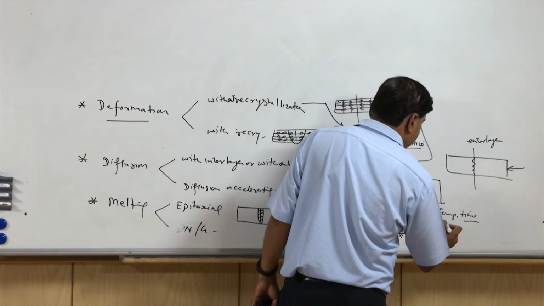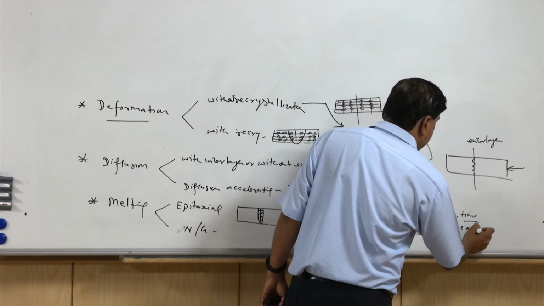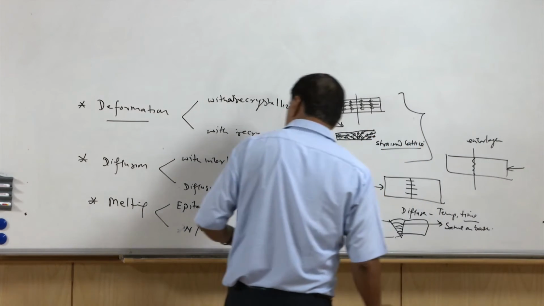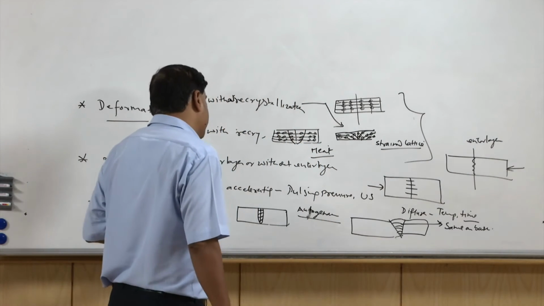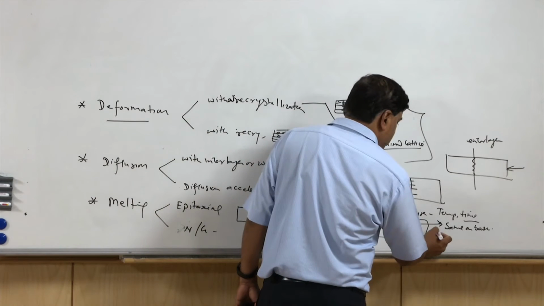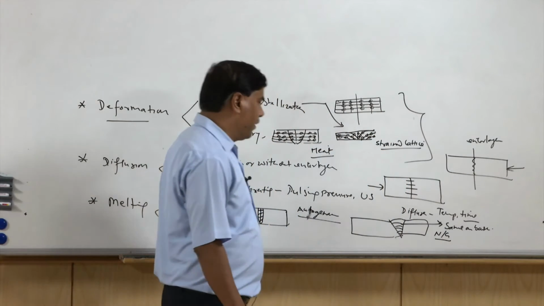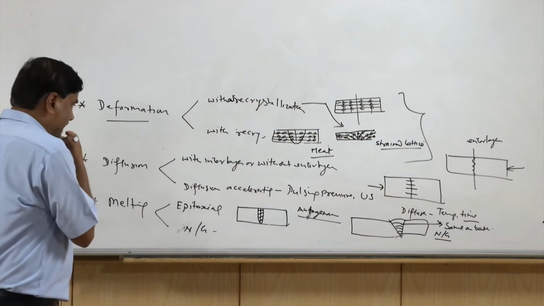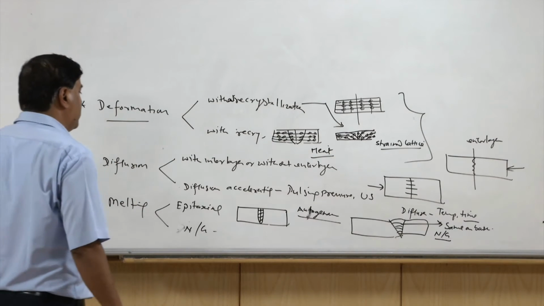If the filler used is the same as the base metal, then again epitaxial solidification takes place. But if the filler metal is different from the base metal, then the nucleation and growth mechanism of solidification is involved. So, these are the approaches used for developing the joint.